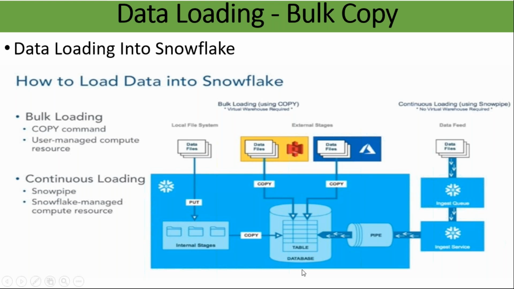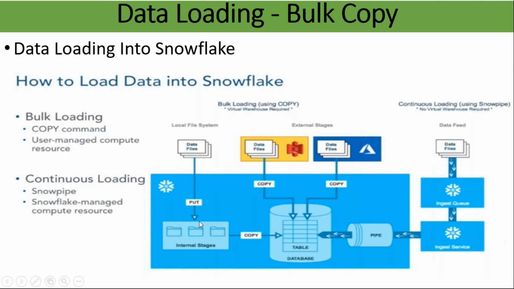From there only, we have to load the data into the target table. We don't have any direct mechanism to load the data from a local file to a table. You have to use these stages. That is the only way we have.